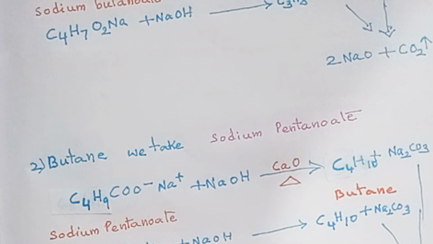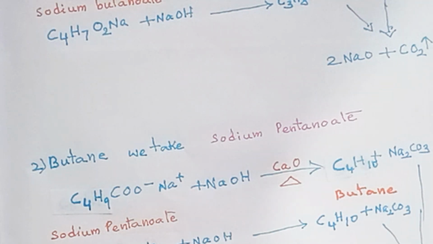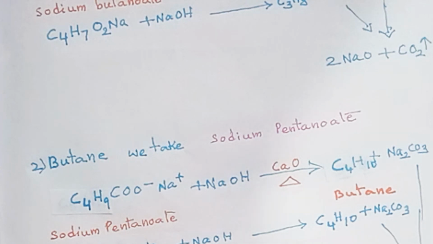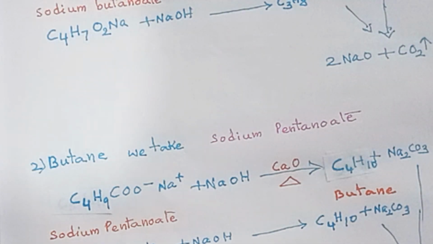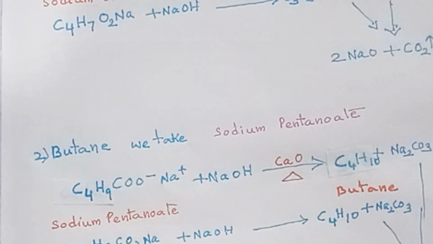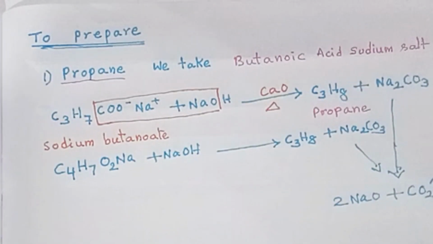This is butane. So C5H9O2Na becomes C4H10, that is butane, 1 carbon atom less than the carboxylic acid salt.